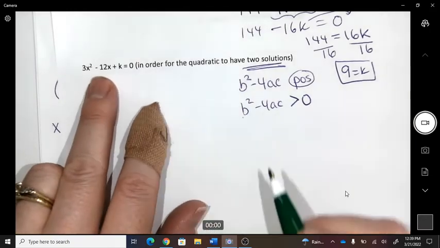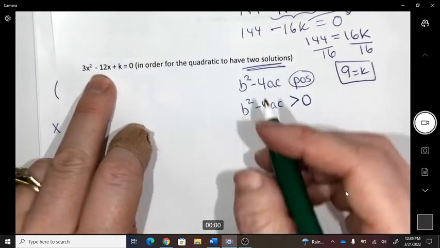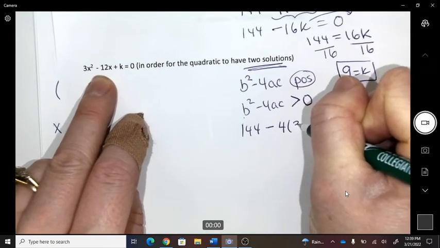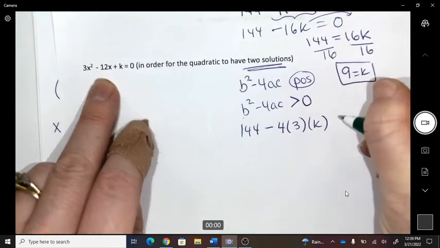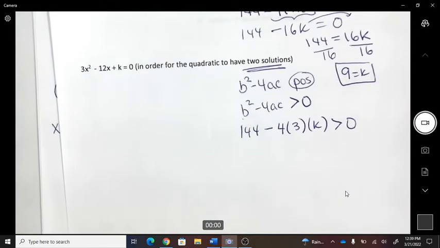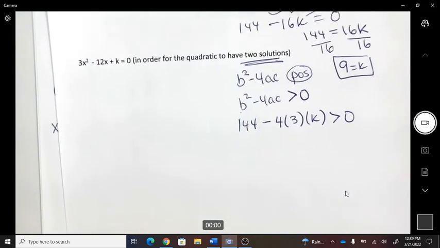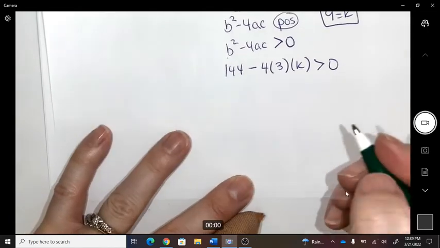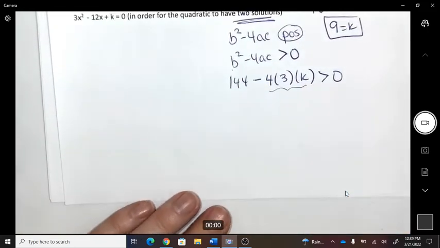Okay, so b squared, that's a 144. Subtract 4 times a 3 times a k. Greater than 0. So same kind of ideas there.